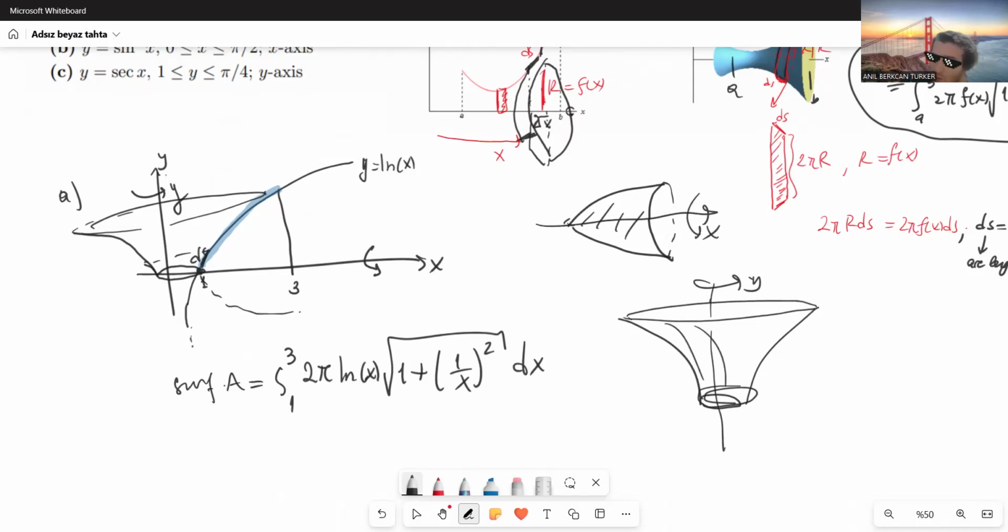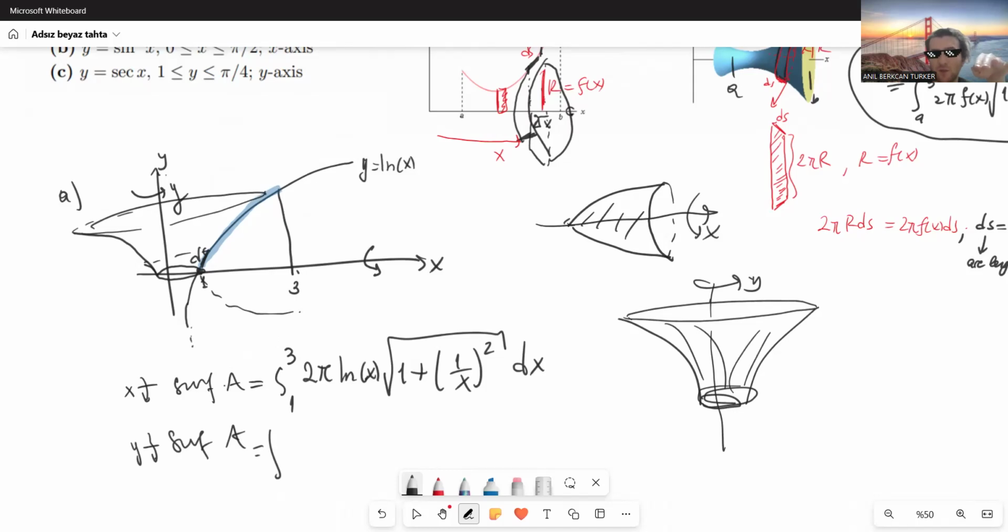So now what is the surface area of this thing? Surface area. So what is my boundary?